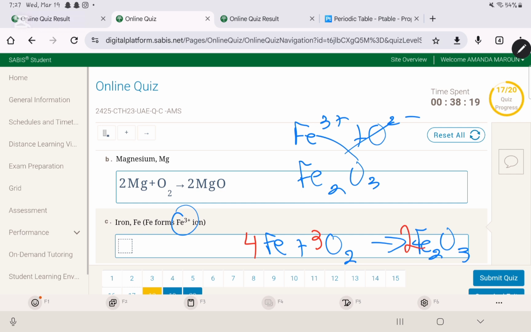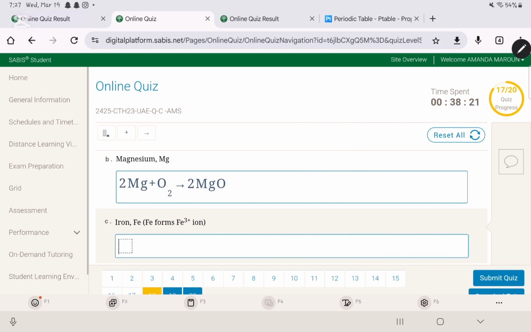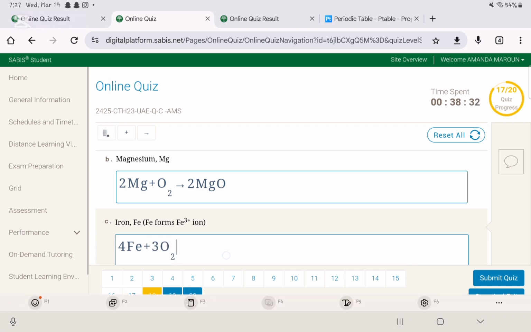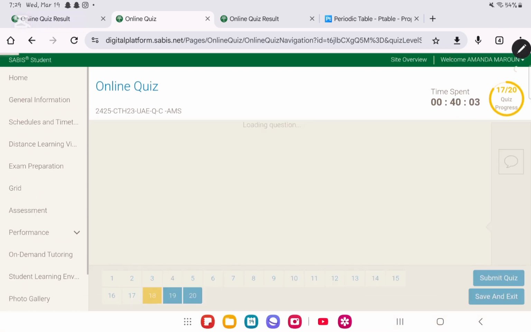By now, you guys should know how to do the balancing. So the final answer is 4Fe will react with 3O2 to form 2Fe2O3. Okay, so that is it for question number 18.